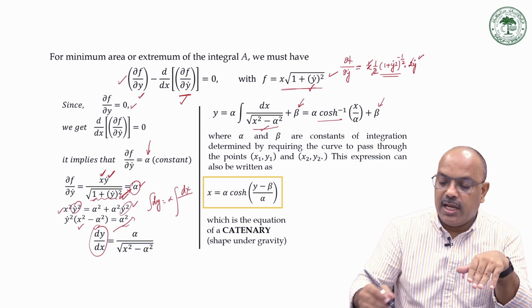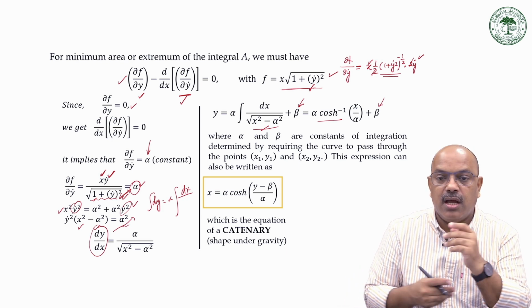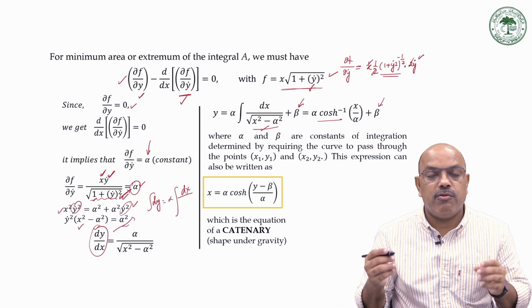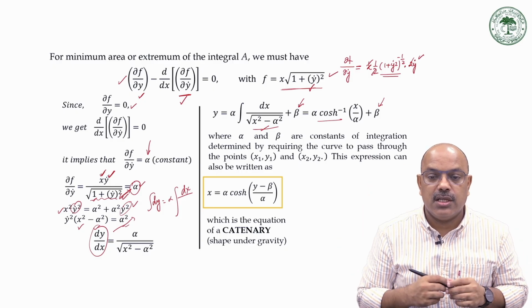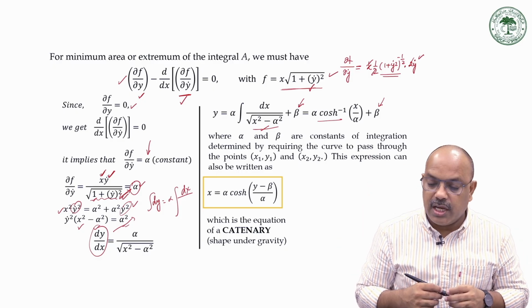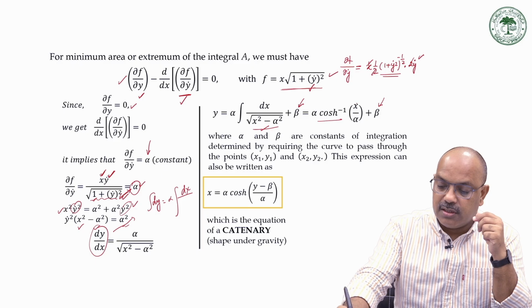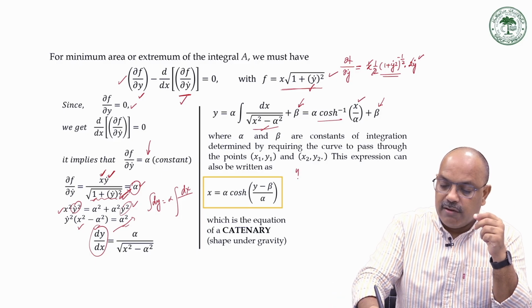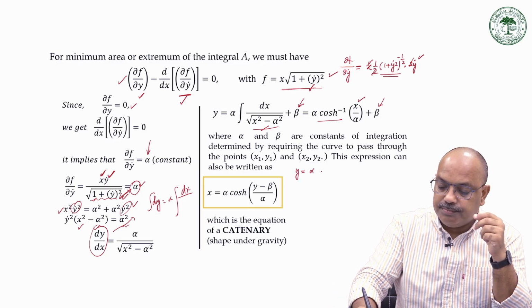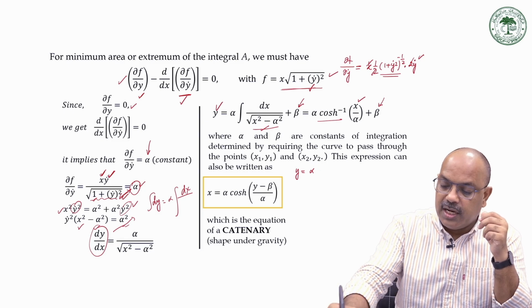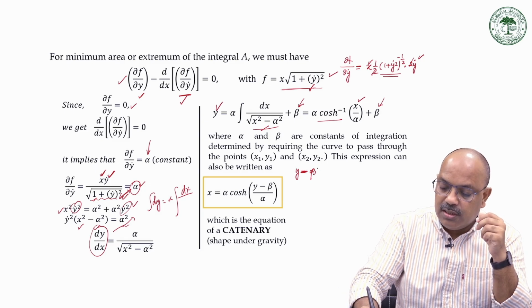Where alpha and beta, the constants here, are determined by requiring the curve to pass through these two endpoints. This can also be written in terms of x. I take y minus beta, and this is a cosh inverse of x by a.